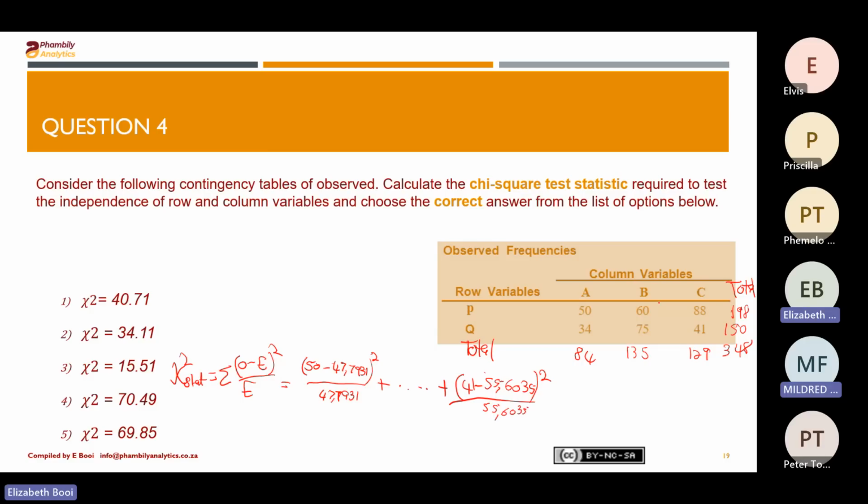So you'll have to calculate the expected value for the entire table. And once you are done, then add them together.